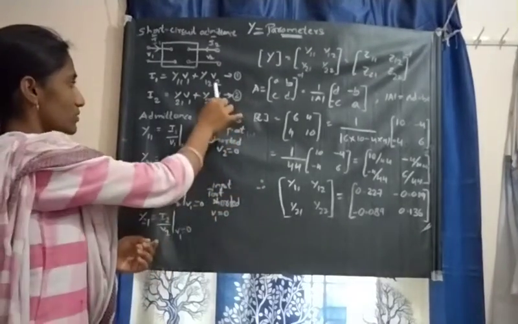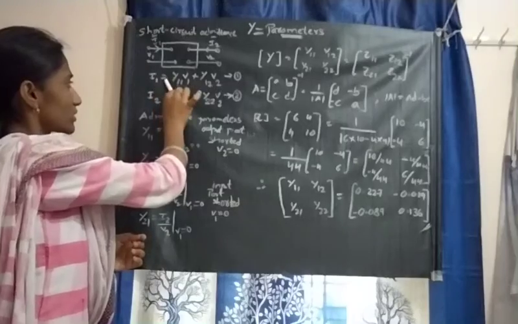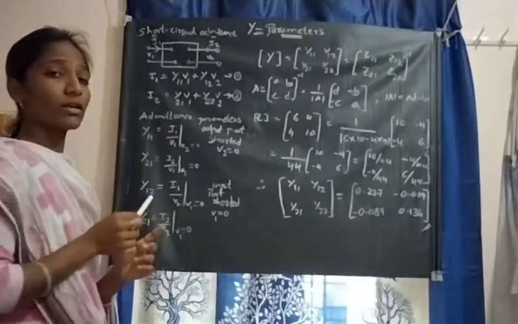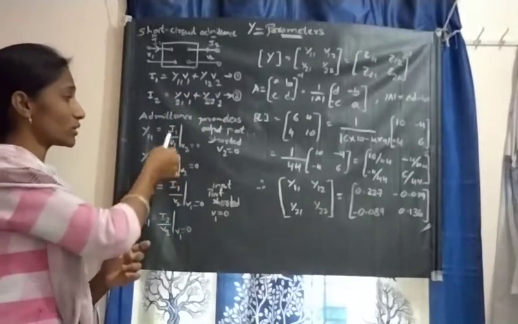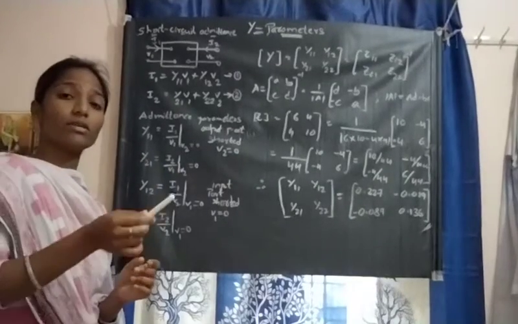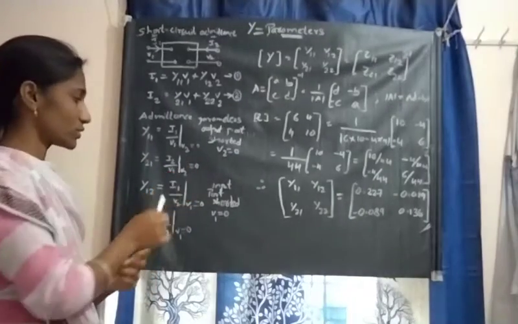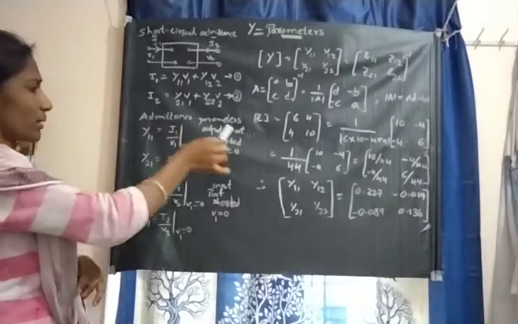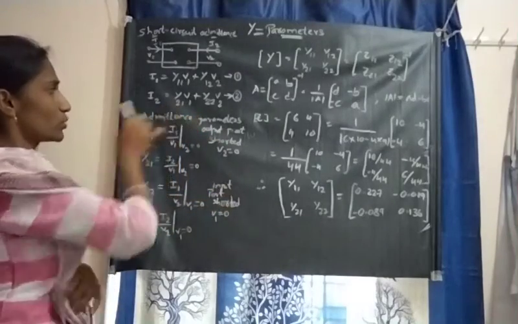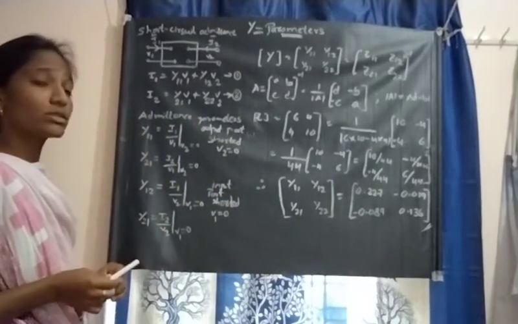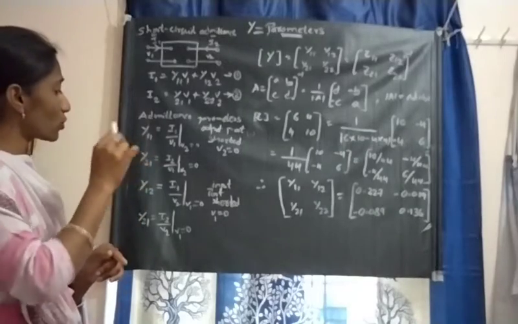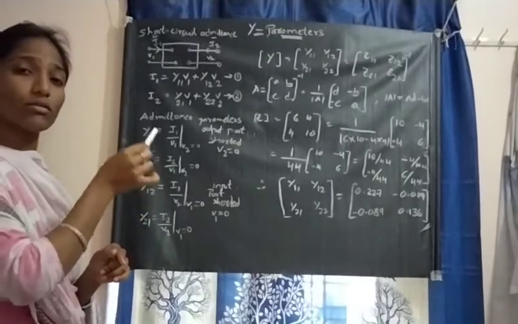Then what happens to equation 1? I1 is equal to Y11 V1. From that, Y11 is equal to I1 by V1 when V2 is equal to 0. Similarly, compare equation 2. Then I2 is equal to Y21 V1.